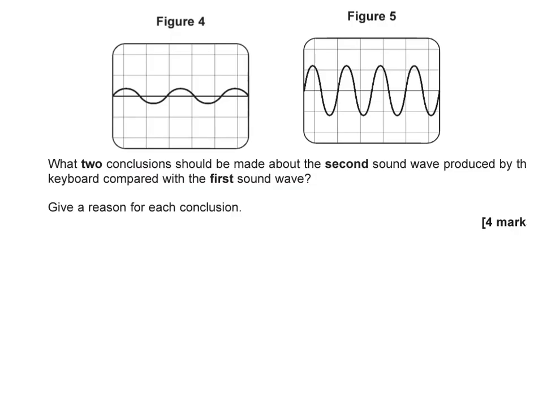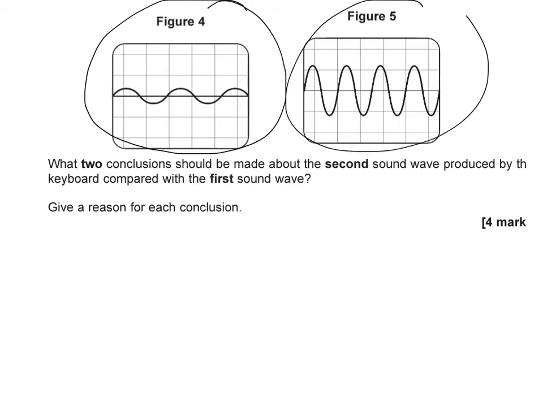In the final part of the question, you're asked to compare 2 oscilloscope traces, Fig 4 and Fig 5. And it asks you what 2 conclusions should be made about the second sound wave produced compared to the first sound wave. So let's have a look at them. The first thing you'll notice, I think that's the most straightforward, is that you've got a higher height or amplitude on that one, which means it's a louder wave. So the second one is louder.